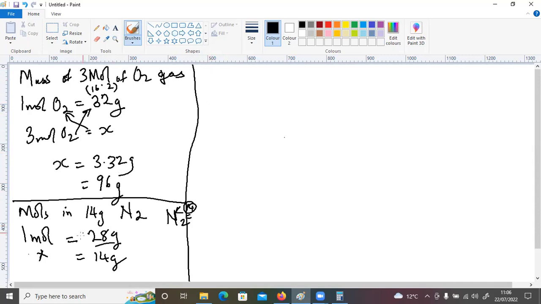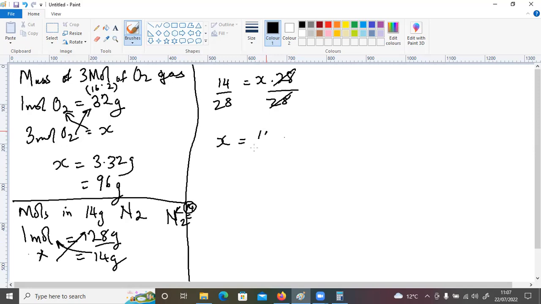So if this is the case, I do the cross multiplication again, and I get that 14 is equal to x multiplied by 28. Divide by 28 this side, divide by 28 that side. I'm making x the subject of the formula.